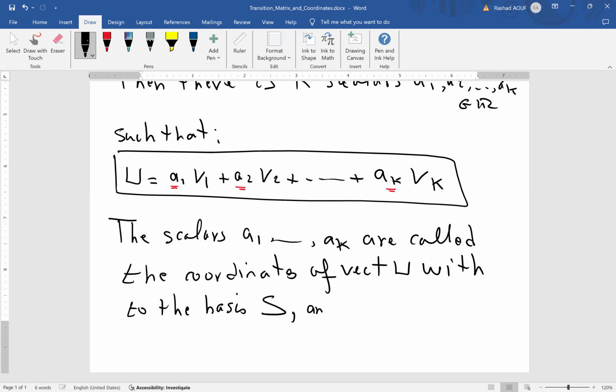And how do we denote it? If we write the vector U like this, it means the vector U. If I want to indicate that I only want the coordinates, we put the vector between square brackets with respect to basis S. It equals the coordinates A1, A2, ..., Ak.